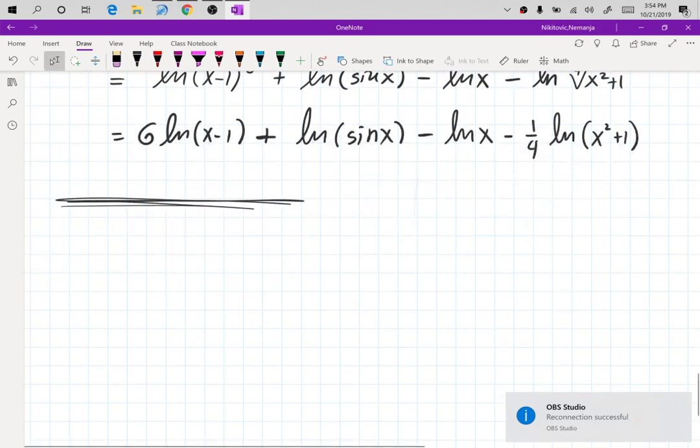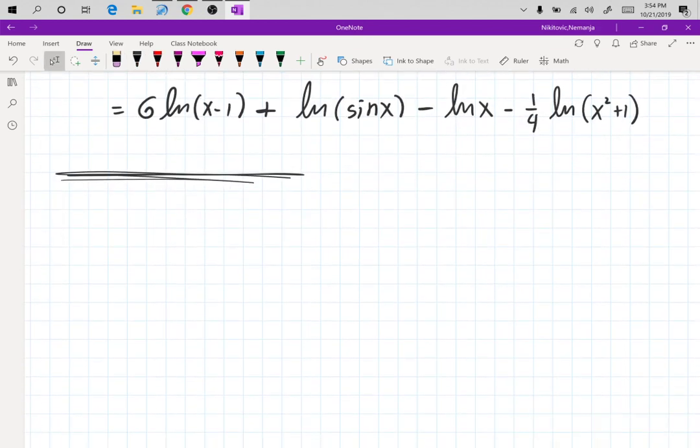So let's go with the derivatives. The derivative that you guys already know is that the derivative of ln x is 1 over x. So that's the one you already know.